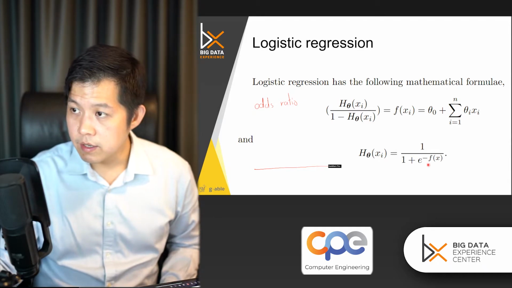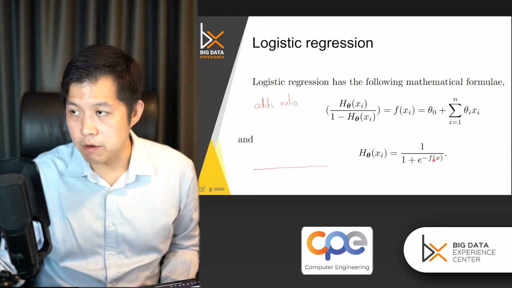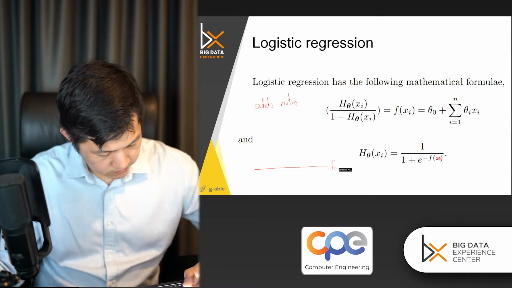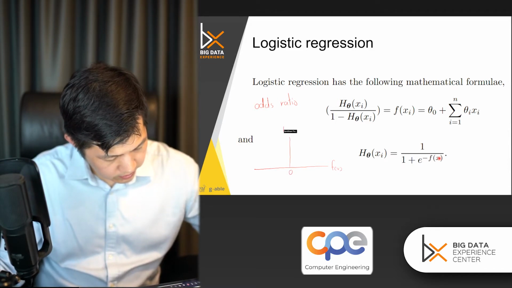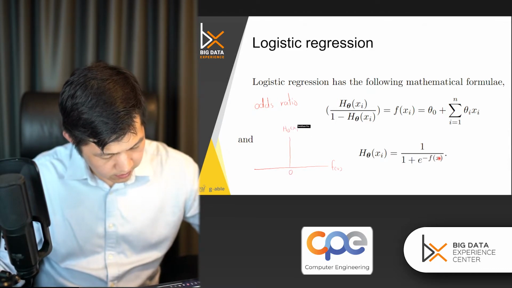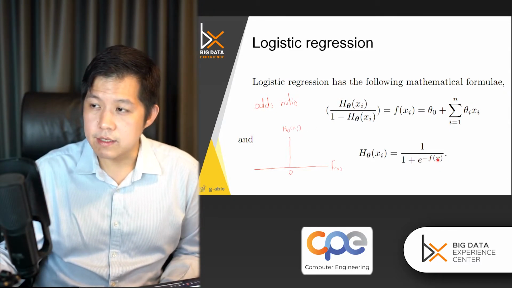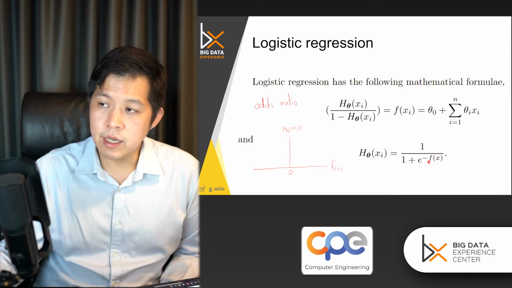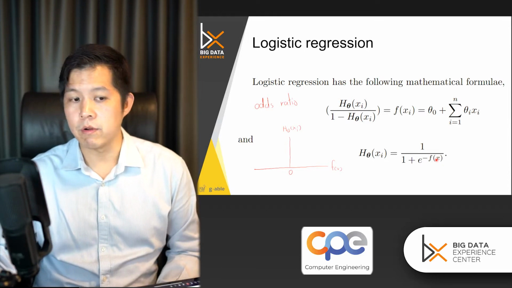So this function, if the value is on the positive side, say f x is more than 0, this is h theta x i. If f x i is more than 0, say if it has a really large value, you can see that e to the minus a really large value equals 0. Right? This value would approach 0.